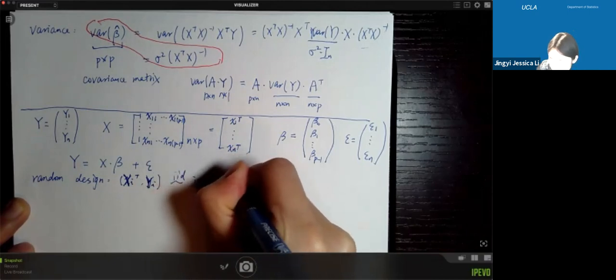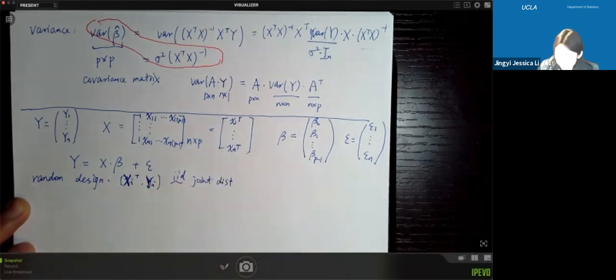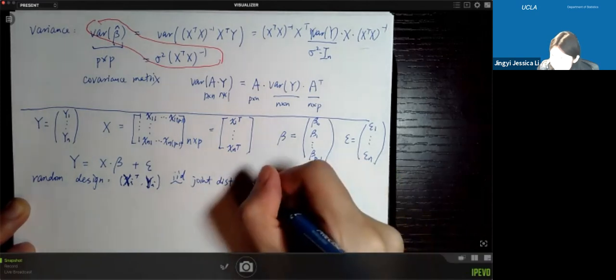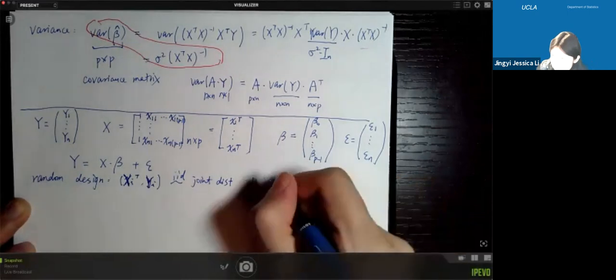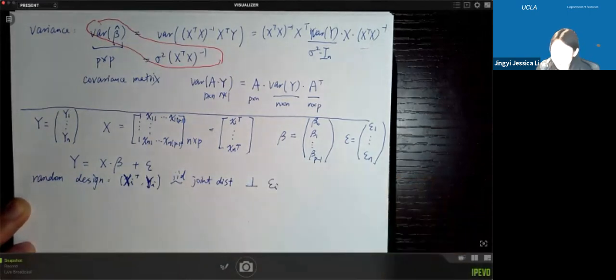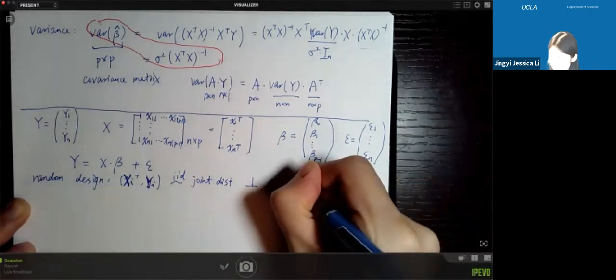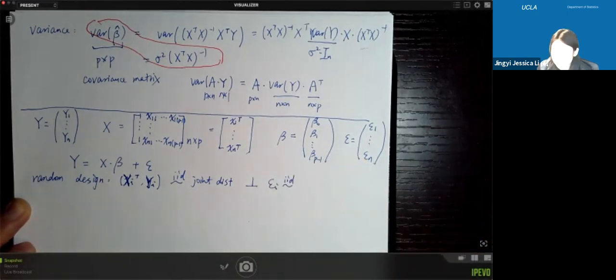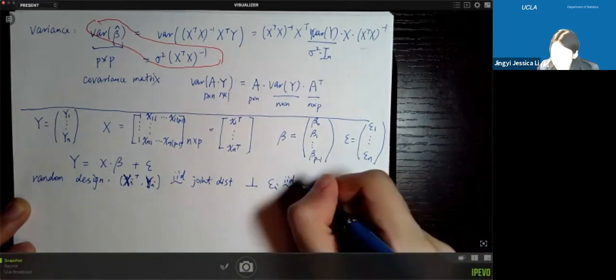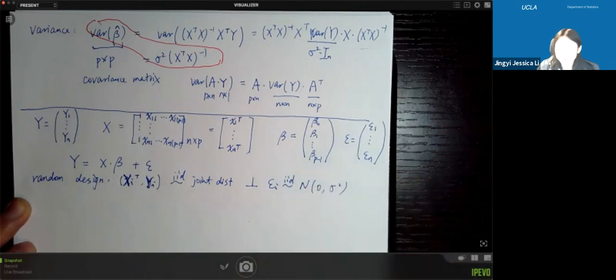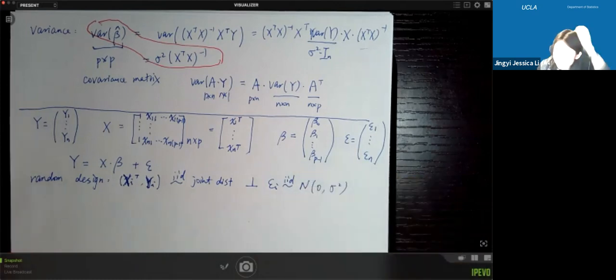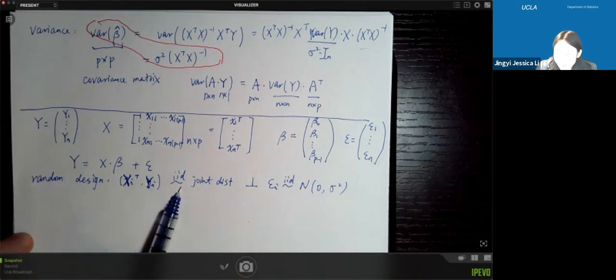Furthermore, you need to assume that this pair is independent of epsilon i. And epsilon i by itself may come from some other distribution. For example, we can still assume it comes from a normal with zero mean and sigma squared variance. So this is what you assume for the random design. The key is the IID of Xi transpose, Yi.